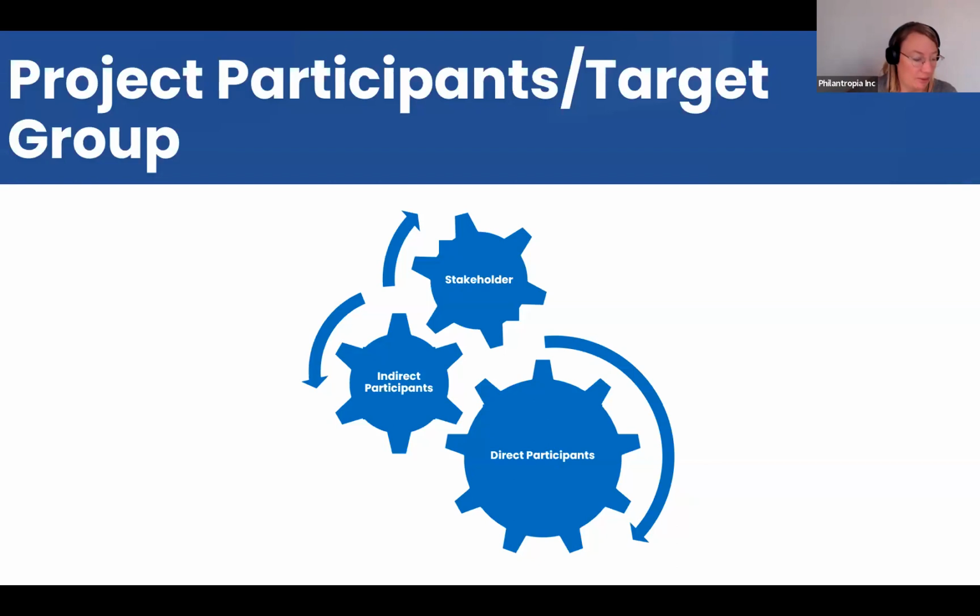Indirect participants are people who will also benefit from your project results, but that do not necessarily directly interact and directly benefit from your project. So there's like a step in between. For example, they could be family members of the people that directly benefit from your project.